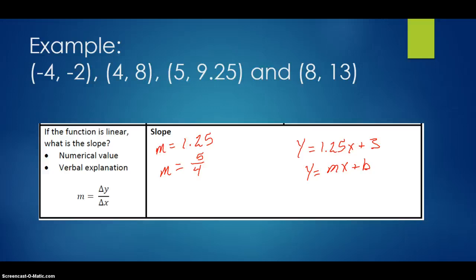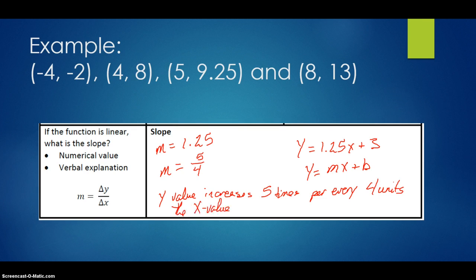So we say the y value increases 5 units per every 4 units the x value increases. And that's a verbal explanation of slope.